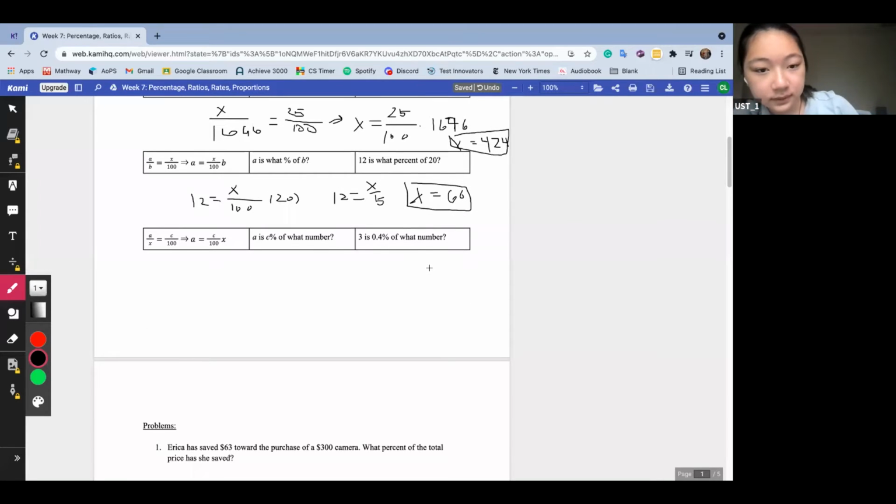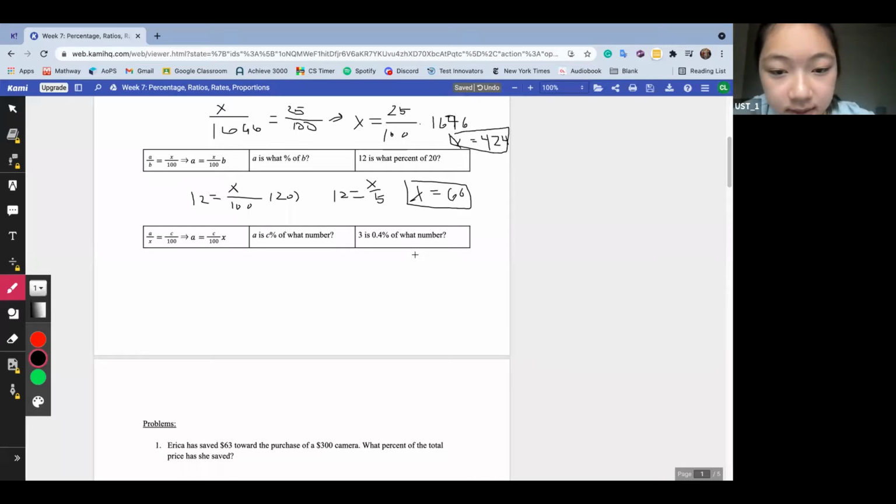And this is the last example. So it's A is C percent of what number? So 3 is 0.4% of what number? So once again, we can plug those numbers into this equation.